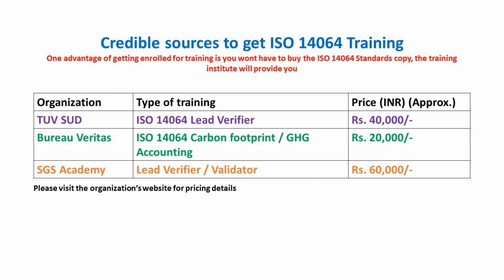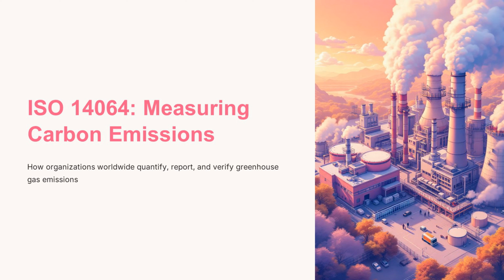In this video, we will understand what ISO 14064 is, why it is important for climate action, the three major parts of the standard, ISO 14064-1, ISO 14064-2, ISO 14064-3, and the other related frameworks used for greenhouse gas accounting. By the end of this video, you will clearly understand how organizations measure and verify their carbon emission. So stay till the last.